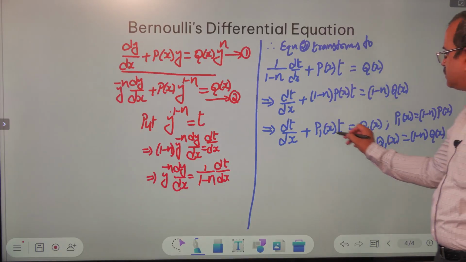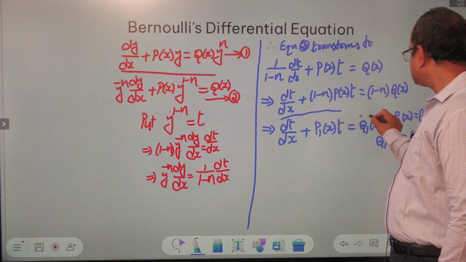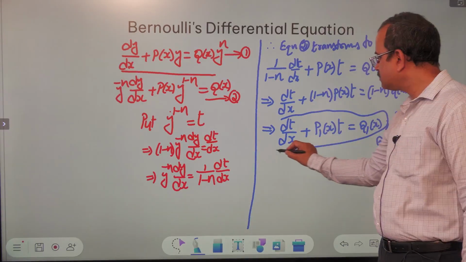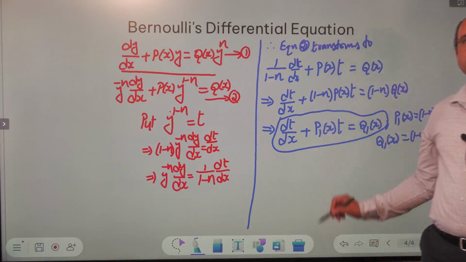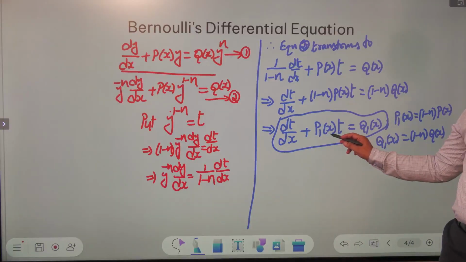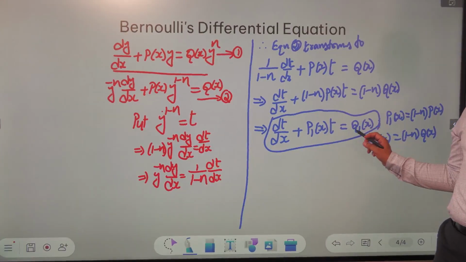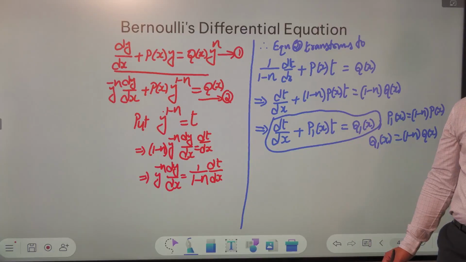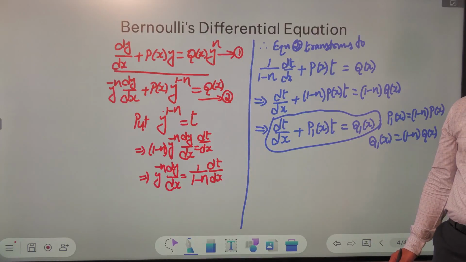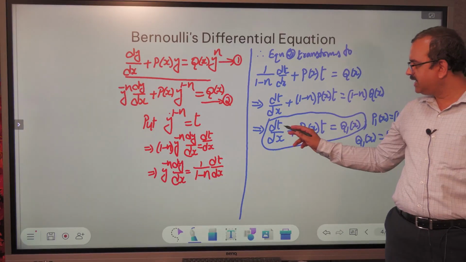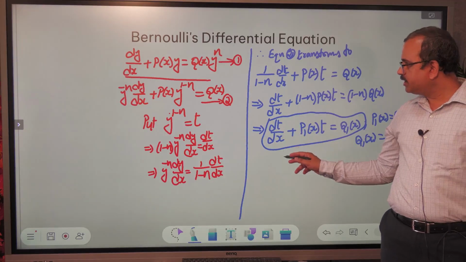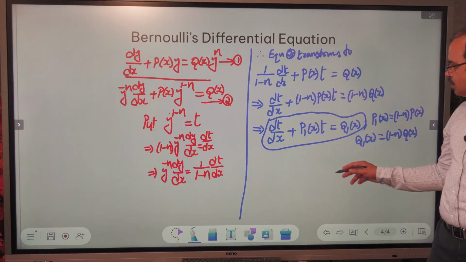Now if we observe this equation dt by dx plus p1 of x into t is equal to q1 of x, it is nothing but a first order linear differential equation in t, not in y. So therefore later on it can be easily solved.